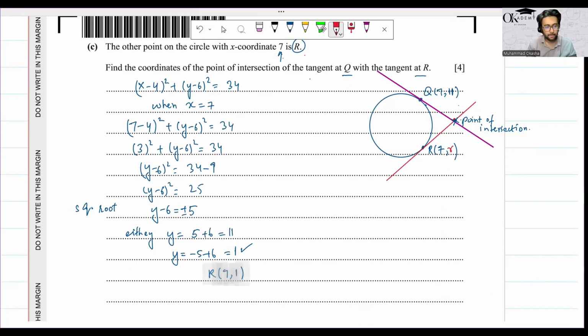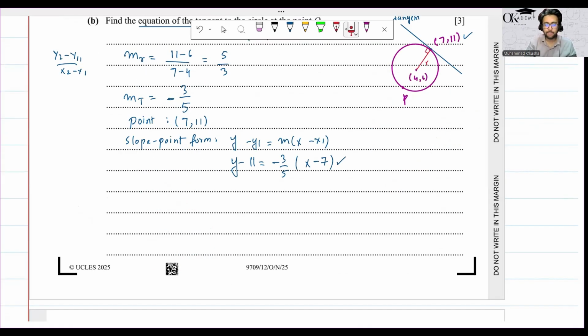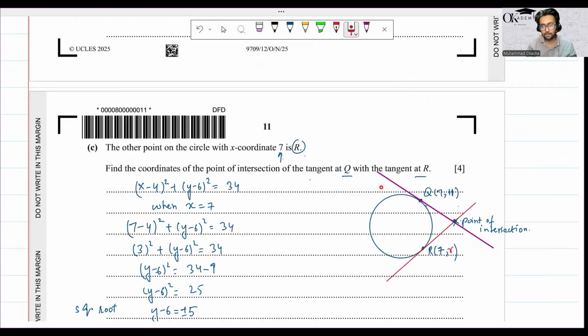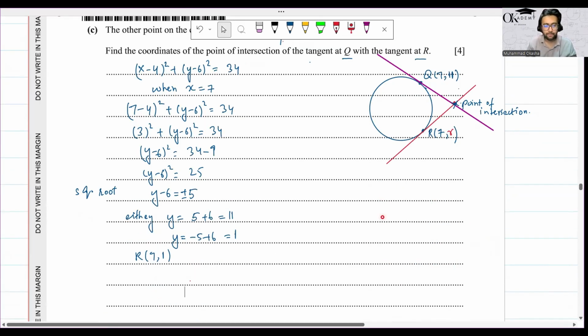Now I'll tell you what to do. You can pause and try it by yourself. Just like I formed an equation for the tangent at Q, I already have the equation of this tangent. I will use this point to work out the equation of this tangent, and then I will solve both equations simultaneously to work out the point of intersection.